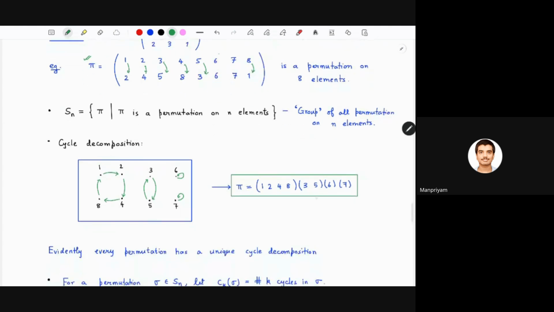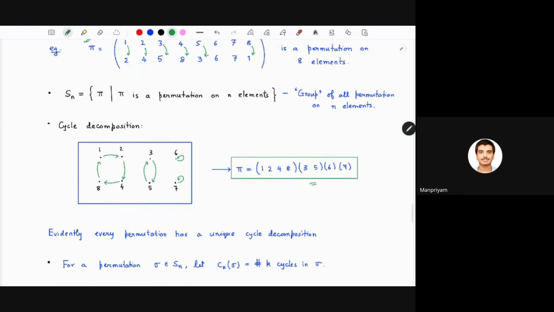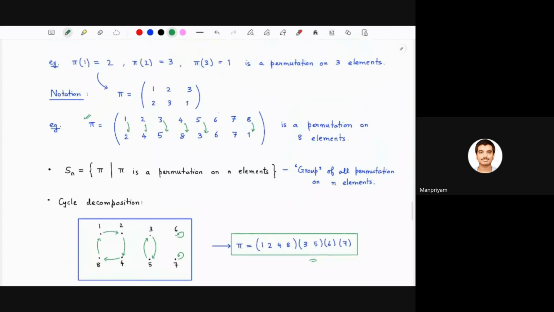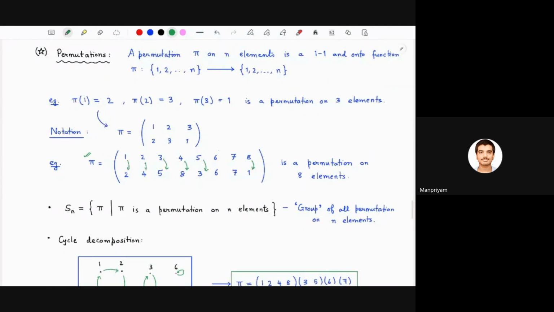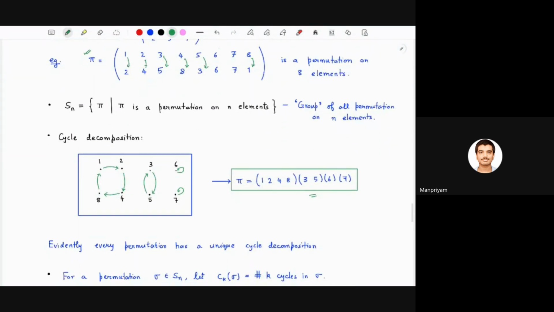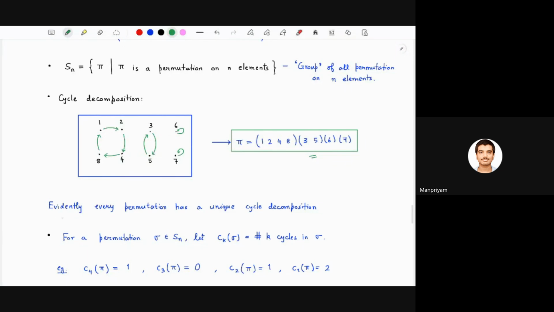We'll follow this version of writing it. And since our initial definition of a permutation was a one-to-one correspondence between 1 to n and 1 to n, every permutation has a unique cycle decomposition.